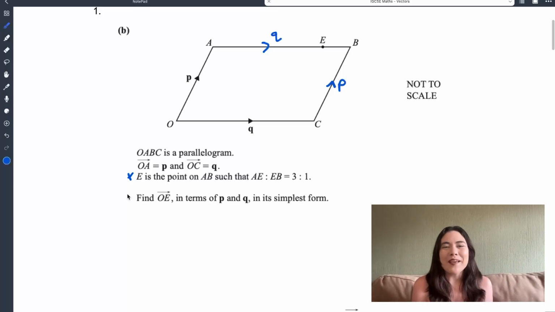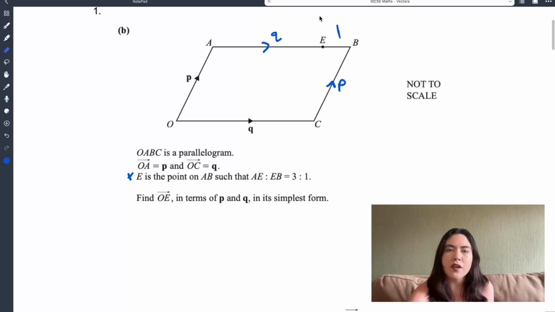Okay, so basically what that means is that the length of AB can be split into 3 and 1. Okay, so I can't just write 3 and 1 because that doesn't make any sense, because a ratio is a part of a whole, okay? Because it is a part of the whole line of AB.